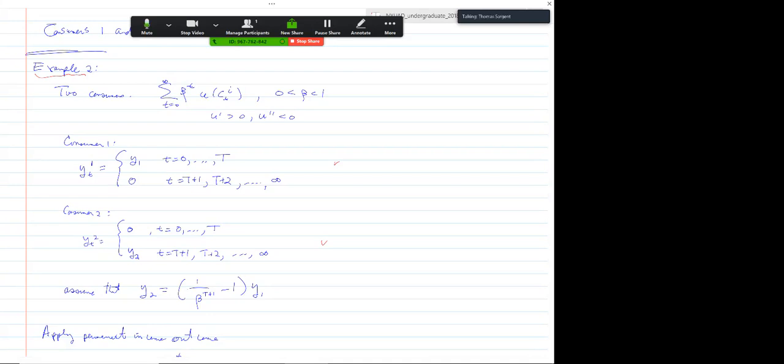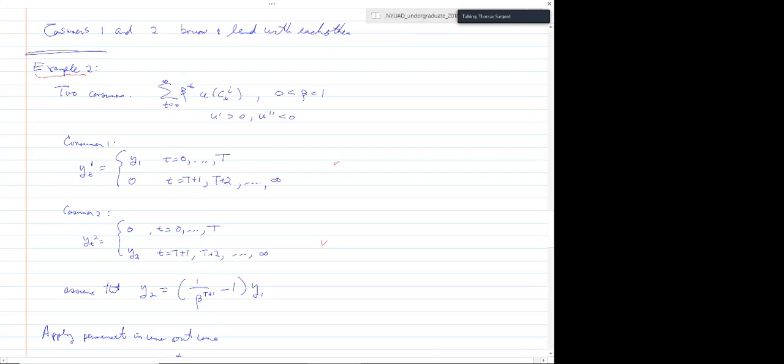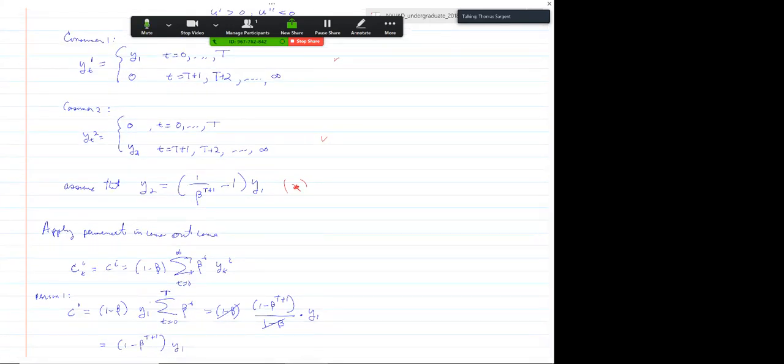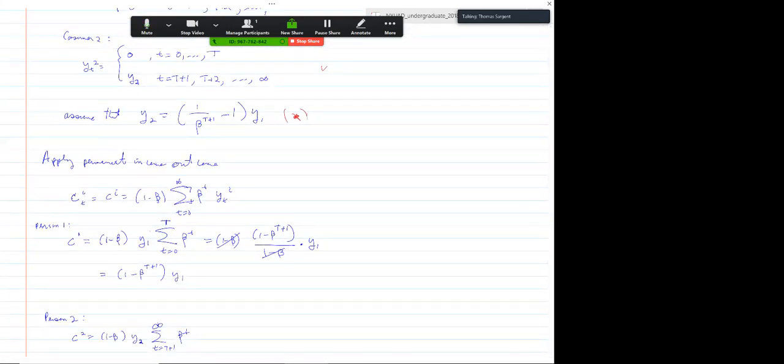So we're going to assume something tricky. We're going to assume this. I just made that up. You could ask, why am I assuming that? Well, it's to make my life easy. So we're going to apply the permanent income theory now. So this is the way this is going to go. You could work out this as an exercise.